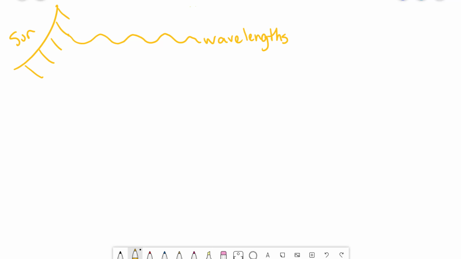So as you can see here, I've drawn my sun, and the sun's rays come in the form of waves. The distance from the top of one wave to the top of the next is called a wavelength. You can have waves where the lengths are very short so that the waves are very close together.